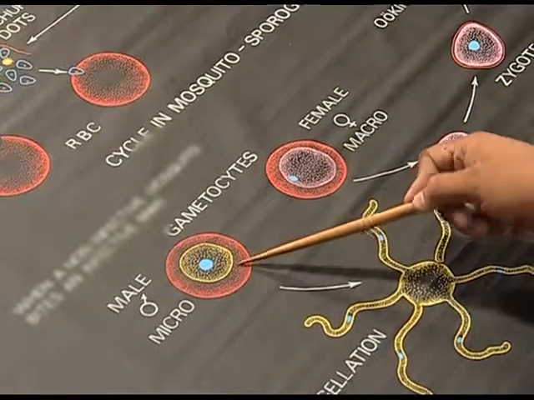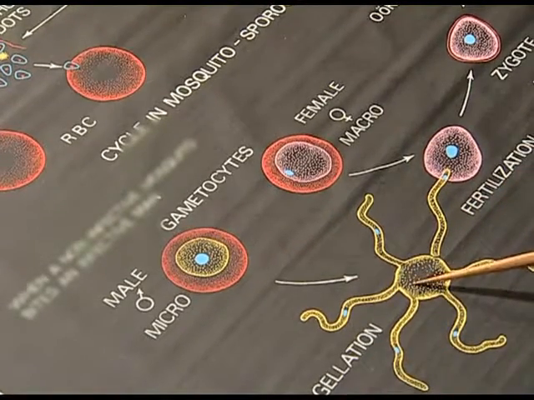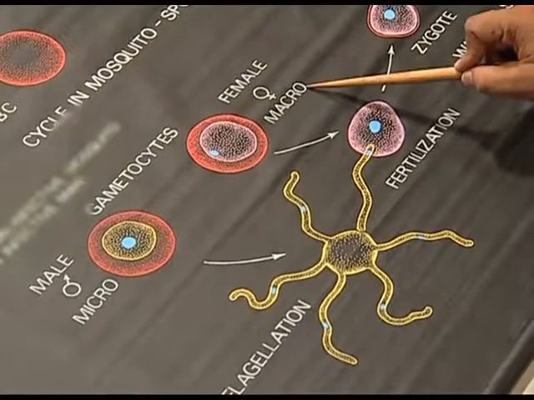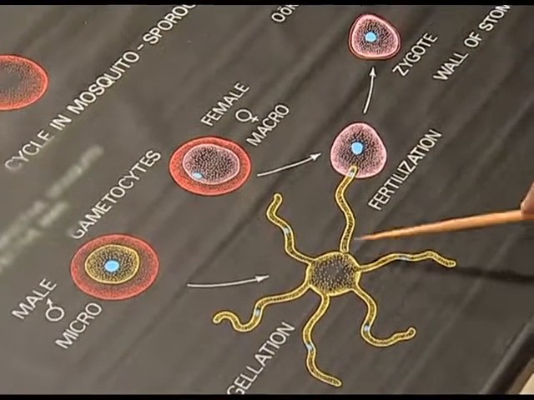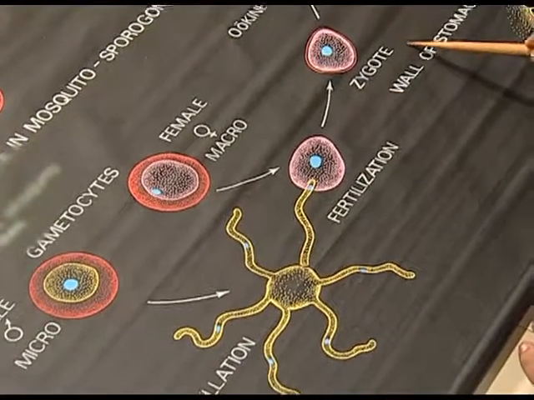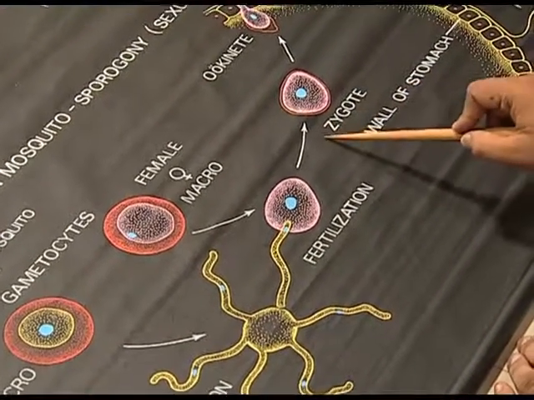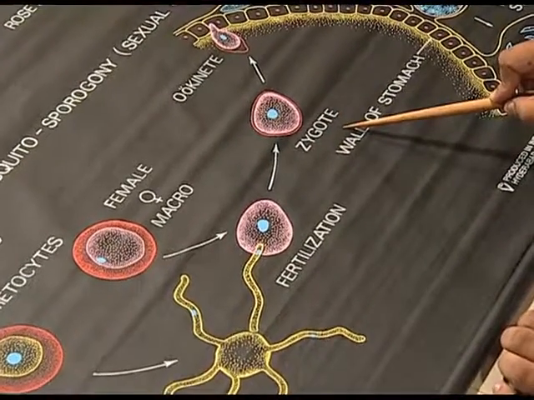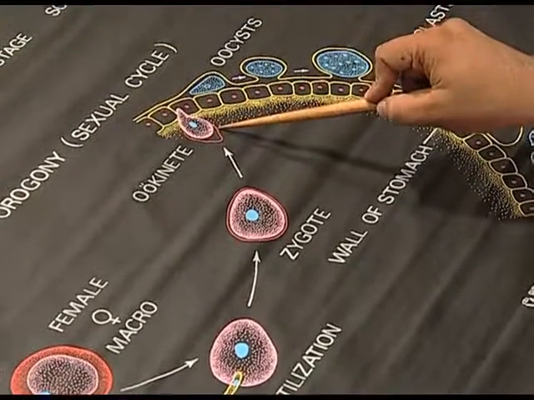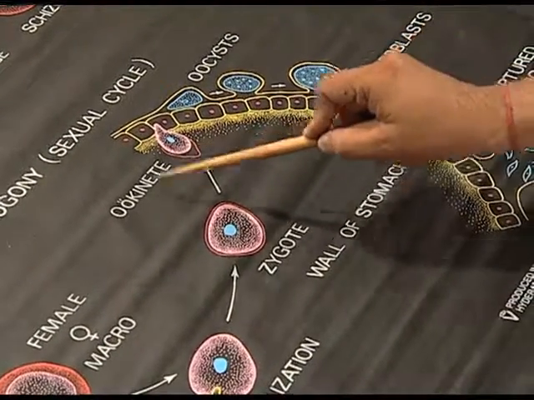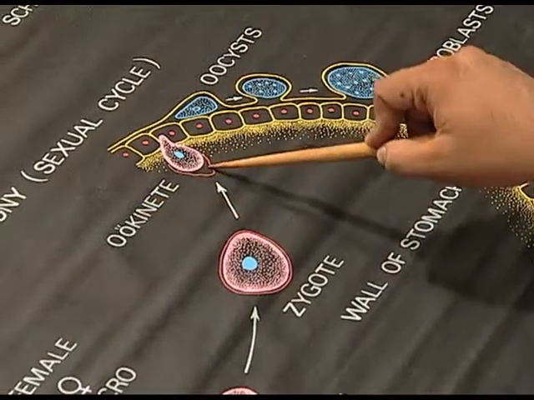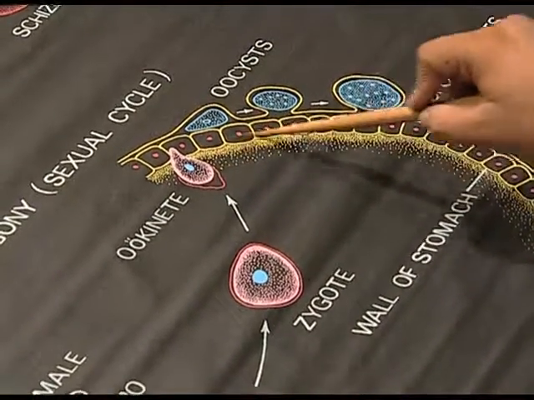The male gametocyte, after exflagellation, forms the sperm, and the female gametocyte after maturation forms the egg or female gamete. After the fusion of male and female gametes, a zygote is formed. This zygote, after further development, forms the ookinete. Kinete relates to kinesis, so this is the stage which can move inside the body.